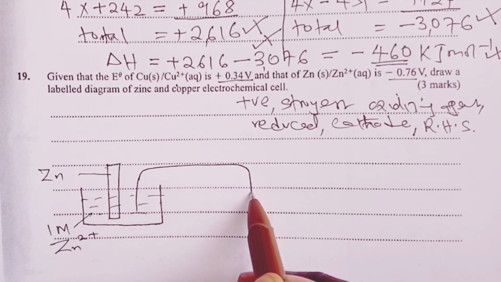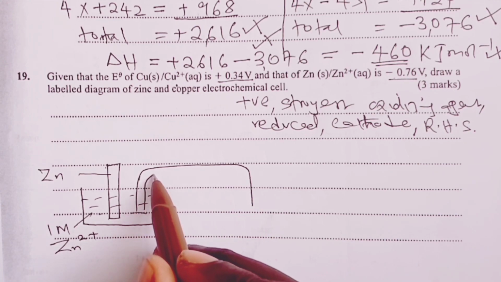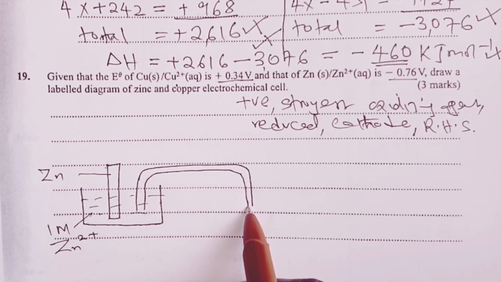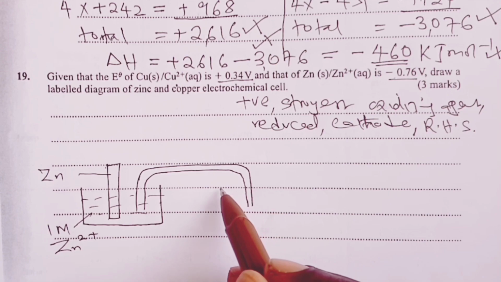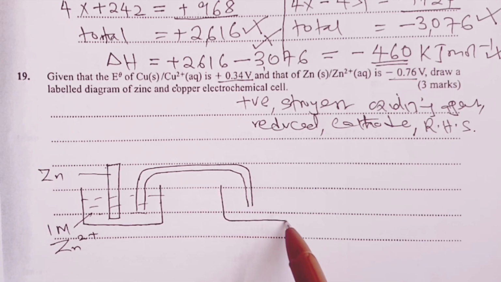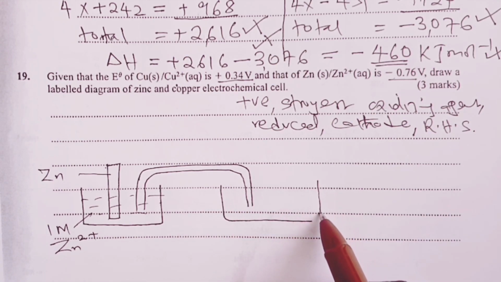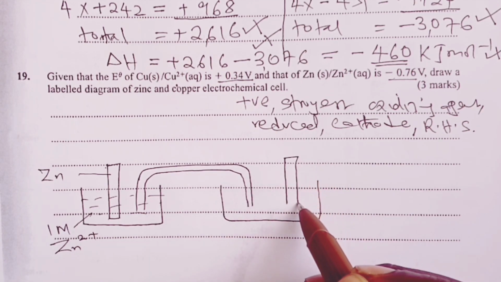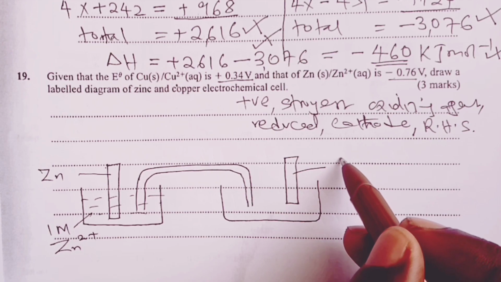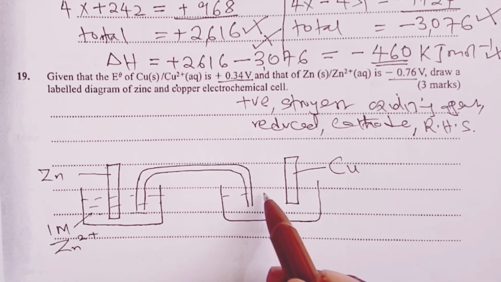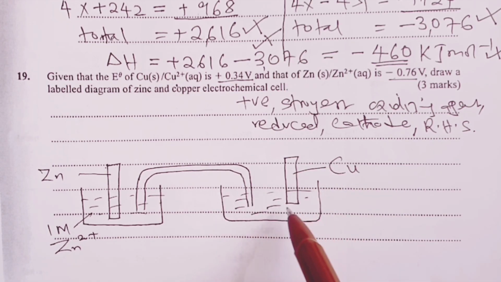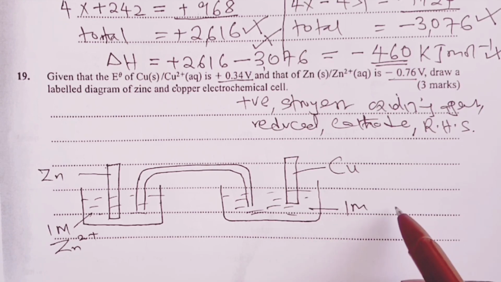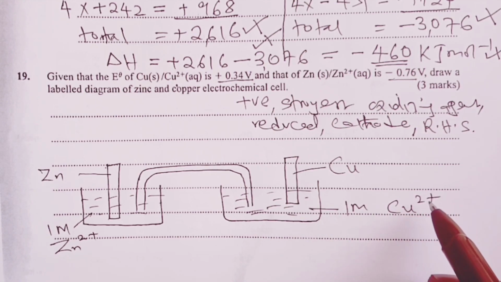Then here we will have our salt bridge, and we know the uses or the purpose of a salt bridge, which then now connects to the copper half cell on the right. So this would be our copper rod. Again, we make an electrolyte of 1 molar copper 2 ions.